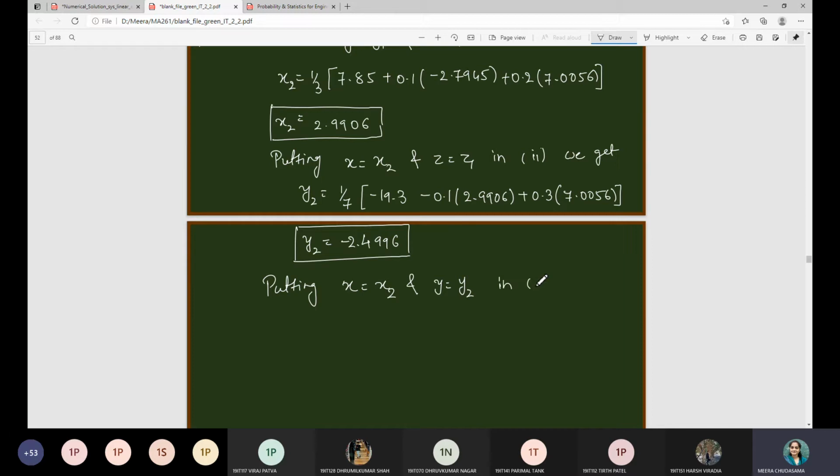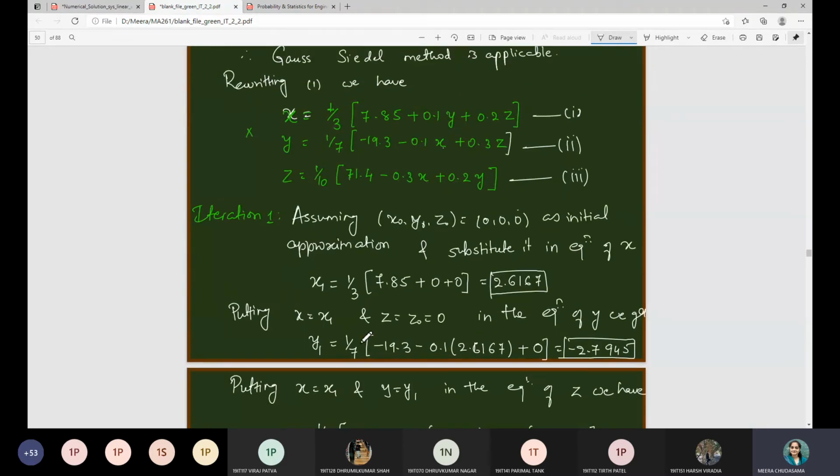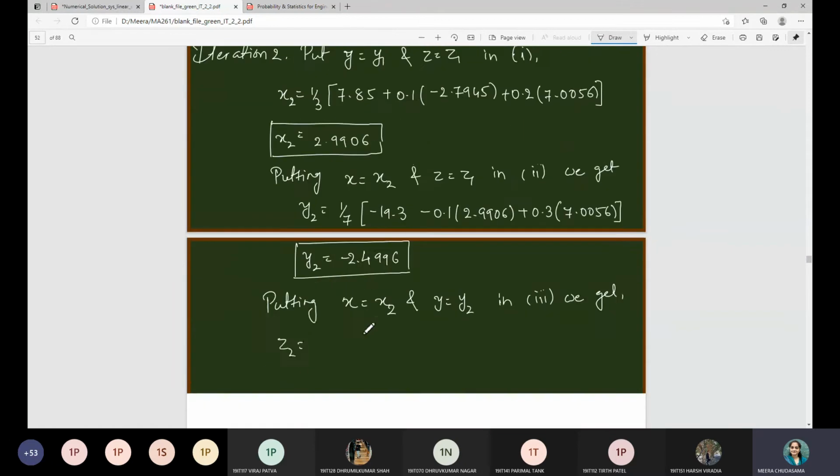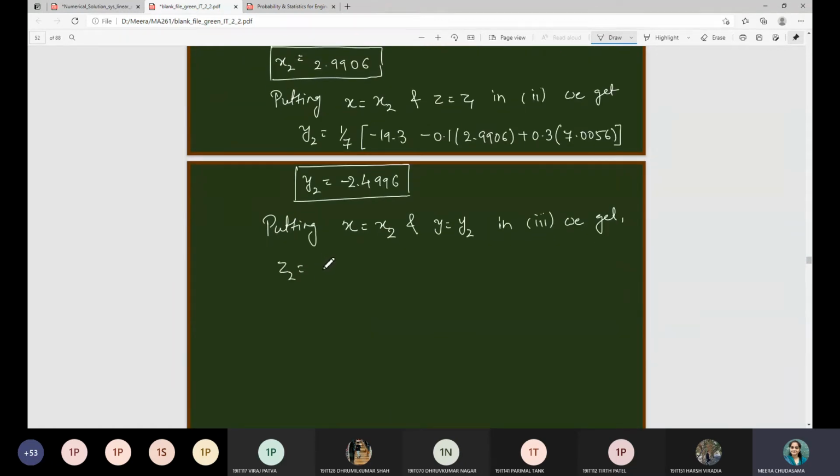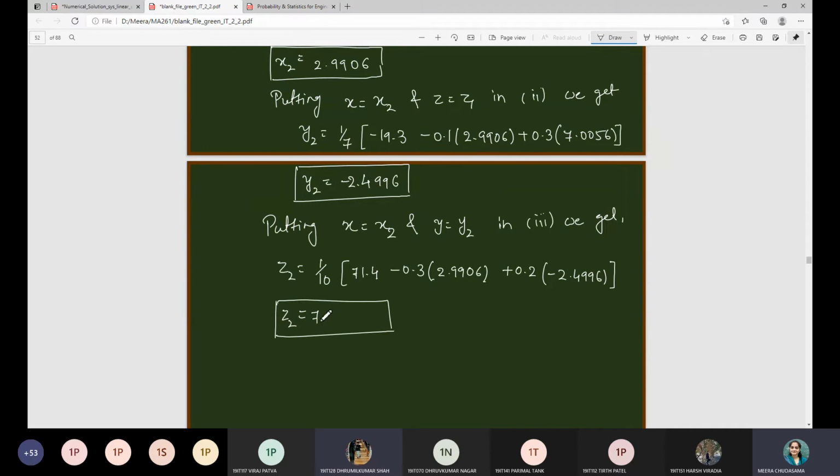So putting this in 3 we get, तो क्या मिलेगा, z2 का इक्वेशन है 1 upon 10, 71.4 minus 0.3 into x2, which is 2.9906 plus 0.2 into y2, that is minus 2.4996. 7.0003, right? That is the correct one.